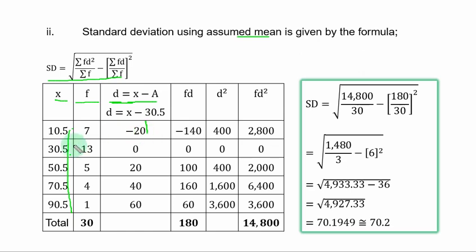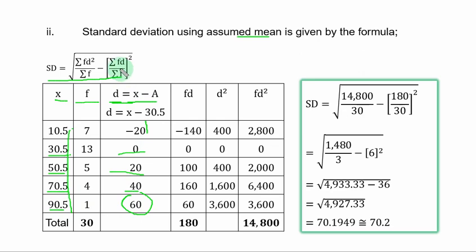If you subtract 30.5 from 30.5, you have 0. If you subtract 30.5 from 50.5, you have 20. If you subtract 30.5 from 70.5, you have 40. If you subtract 30.5 from 90.5, you have 60.